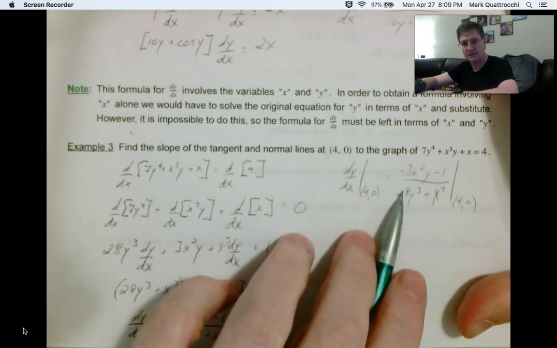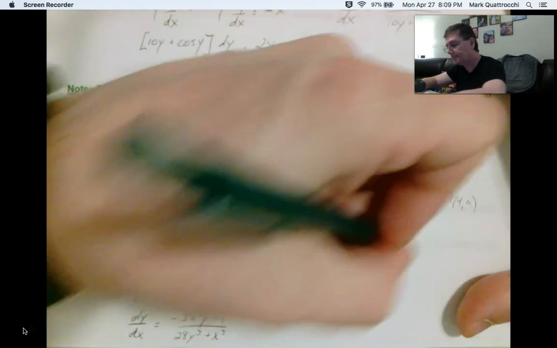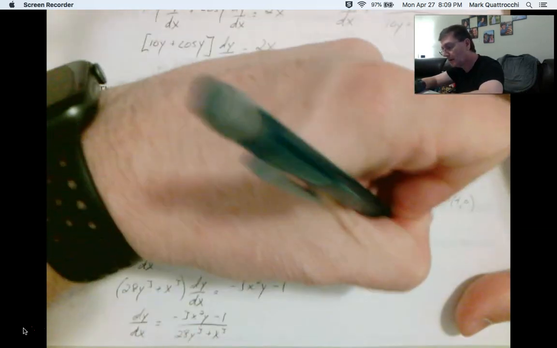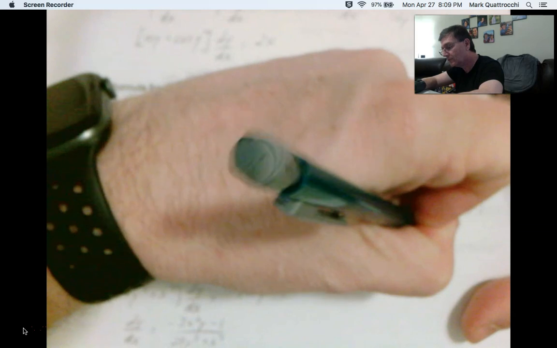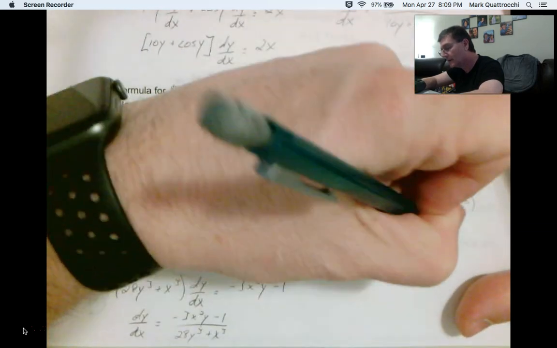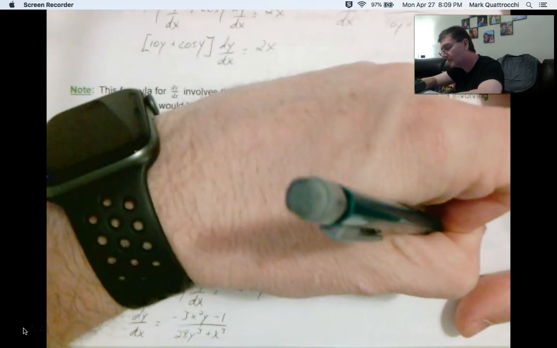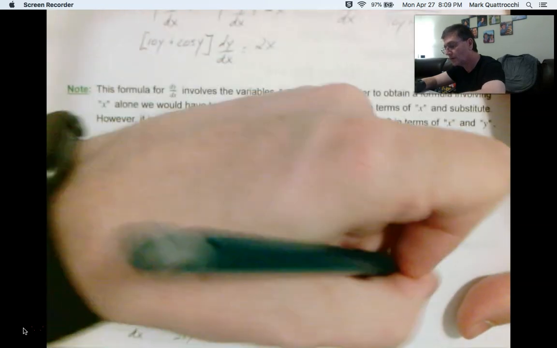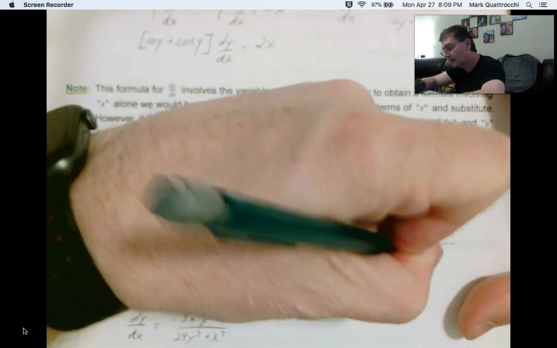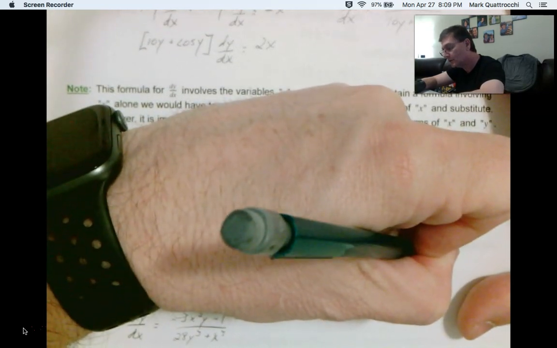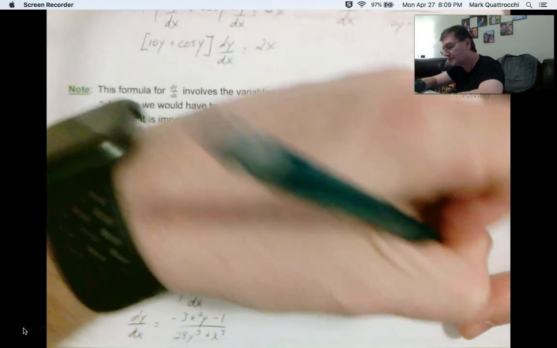Everything in here is x's and y's, so I'm going to start plugging in. Negative 3 times 4 squared times 0 minus 1 over 28 times 0 cubed plus 4 cubed.